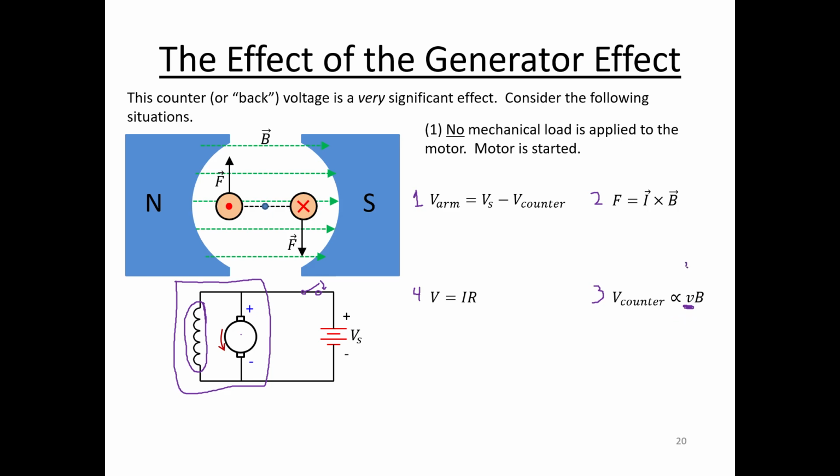So V is very low, okay? And because B is more or less constant, this guy right here is constant. I guess I have to write that out. Constant, and why is that?